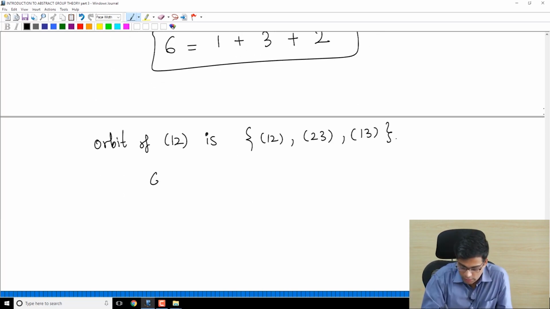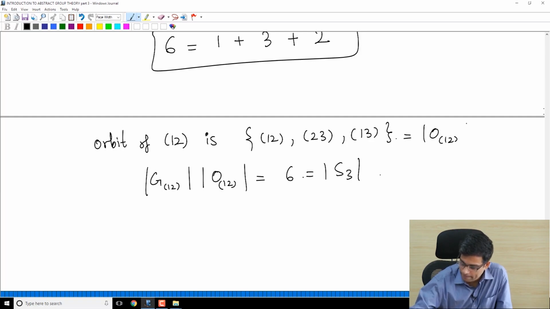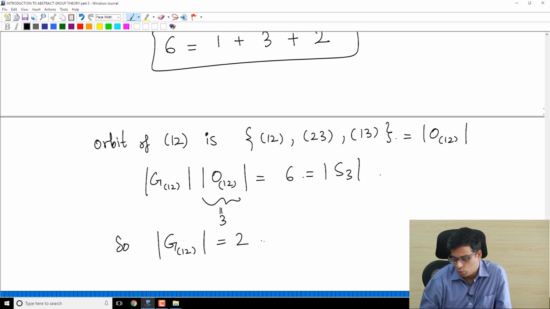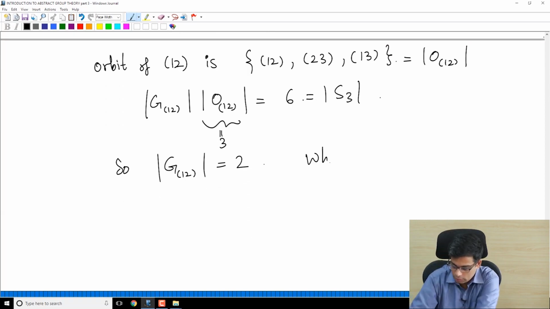So remember the size of the stabilizer of (1 2) and the size of the orbit of (1 2) must multiply to 6, because this is the order of S3, and this is 3. So the stabilizer of (1 2) must have size 2. What is it?